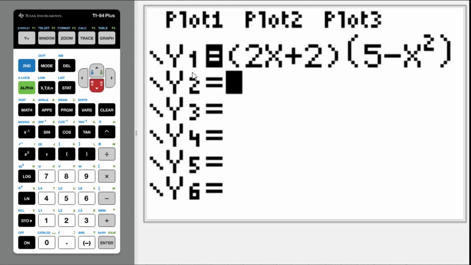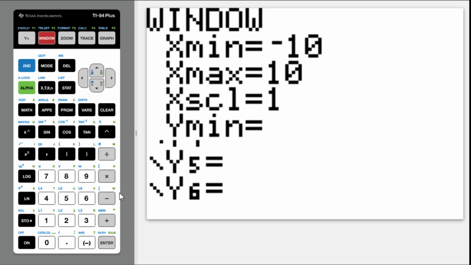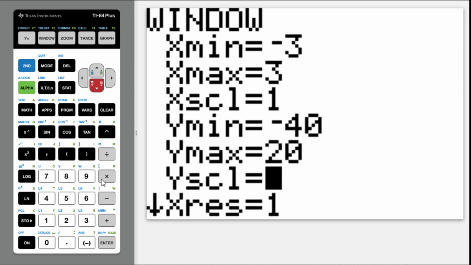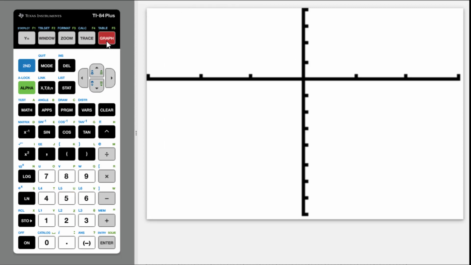I put the original function (2x plus 2) times (5 minus x squared) into y1. Then we need to change the window. X minimum -3, maximum 3, scale is 1. Y minimum will be -40. Then maximum is 20. Scale will be 5. Then graph.